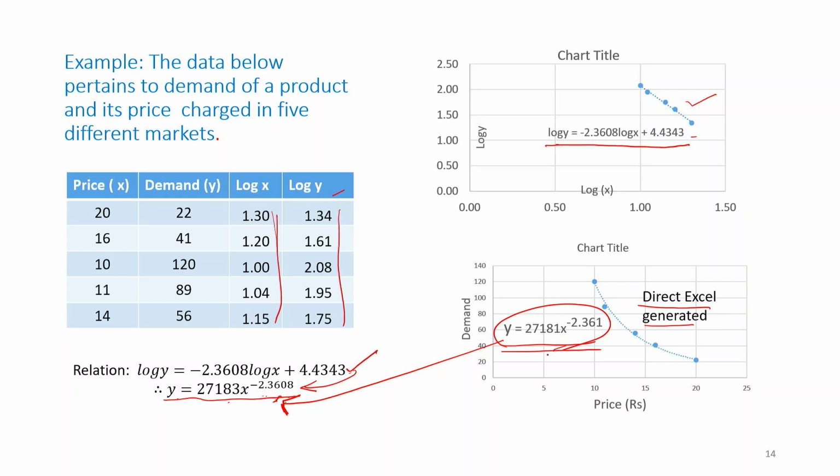So this is what I am trying to say, that sometimes even a nonlinear relationship can be transformed into a linear relationship, and then we can plot the data and see whether there exists a good linear relationship between the two variables or not.